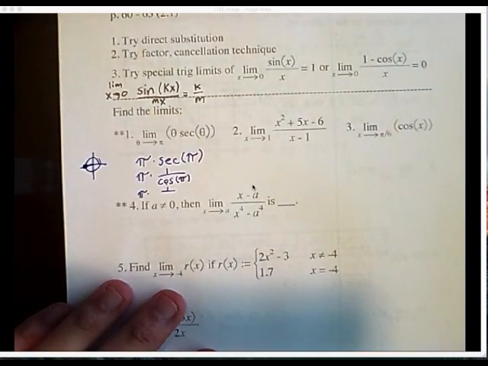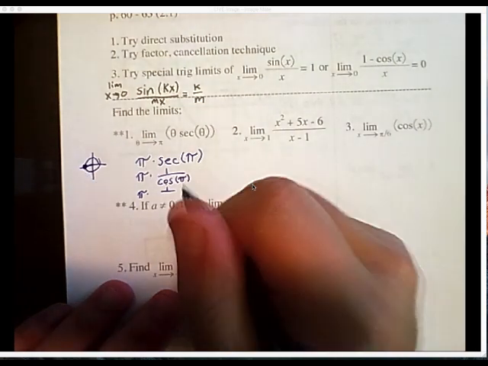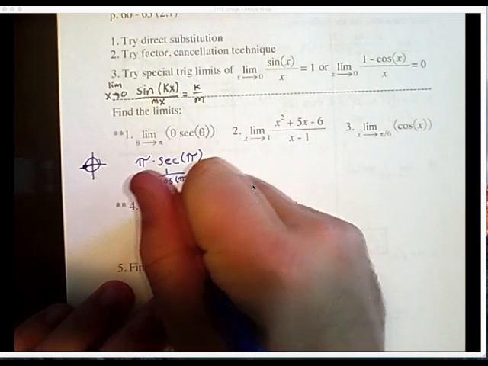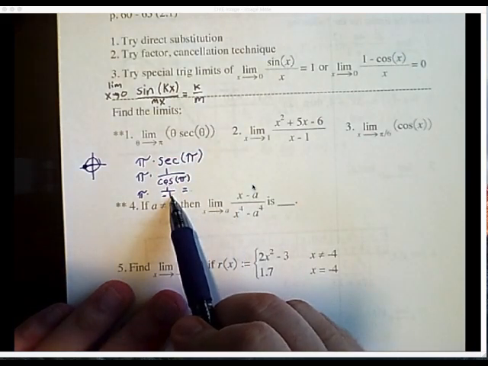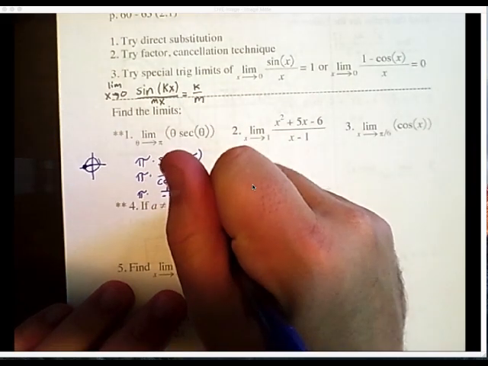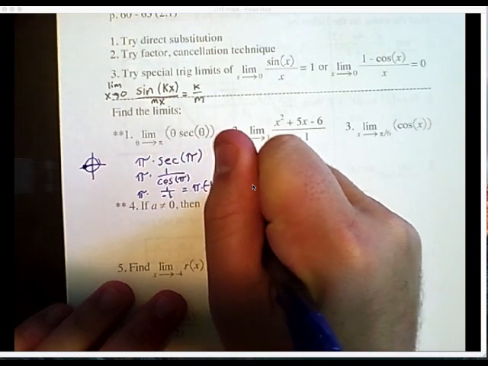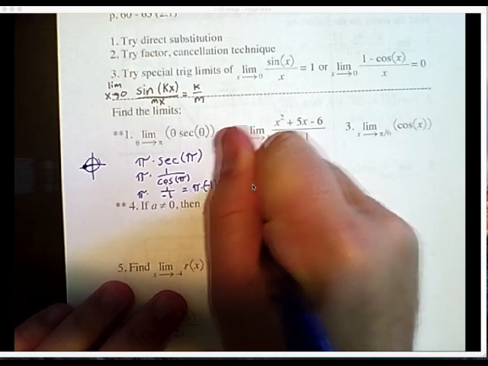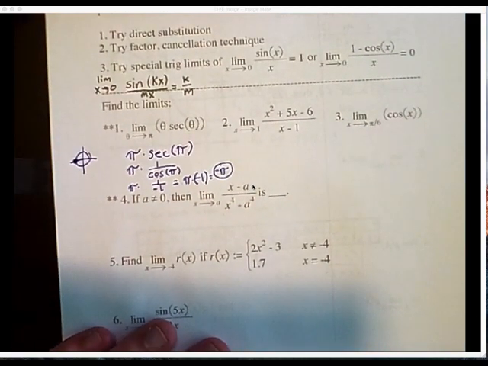Okay, and the cosine of that is like the x value. The x value of this point is -1. Well, 1 divided by -1 would be -1, so you have pi times -1, which equals -pi. So the answer there for number 1 is -pi.